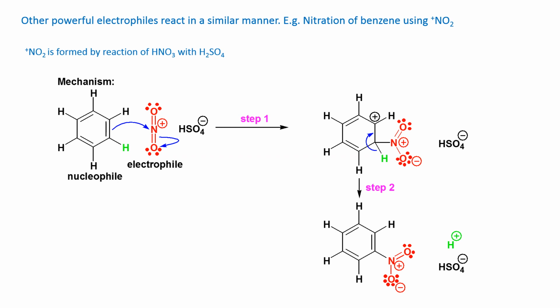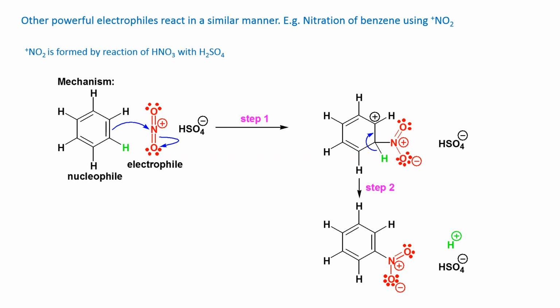So on this slide, we can see an example of a different type of electrophile reacting with benzene in the same way. In this case, our electrophile is the NO2+ ion. This is formed by reaction of nitric acid with sulfuric acid through a series of dehydration steps. We can draw out the curly arrows to show how this occurs, but we won't do this in this video.